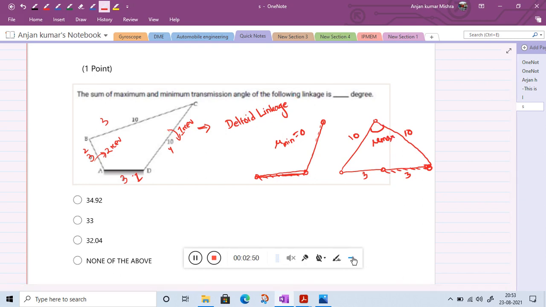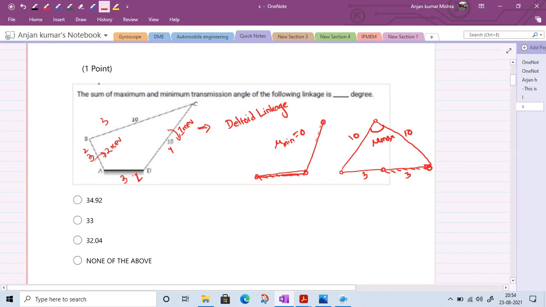To calculate mu max, we have to apply the cosine law. That is, 3 plus 3, 6 square, will be equal to 10 square plus 10 square minus 2 multiplied by 10 multiplied by 10 cos mu max.